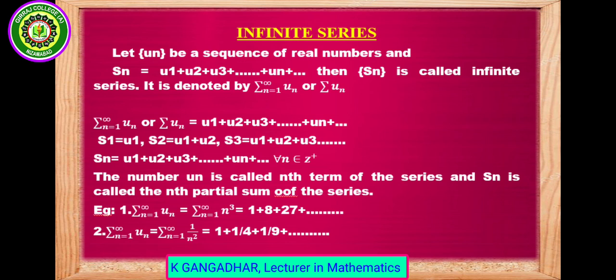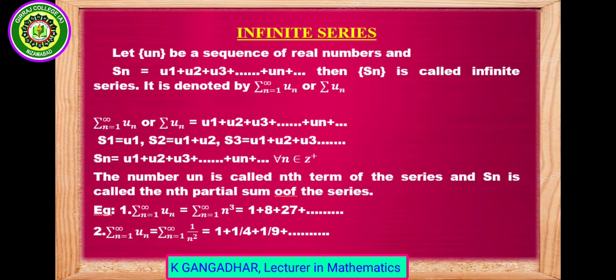Sn equal to U1 plus U2 plus so on plus Un. This sequence Sn is called the nth partial sum of the series.